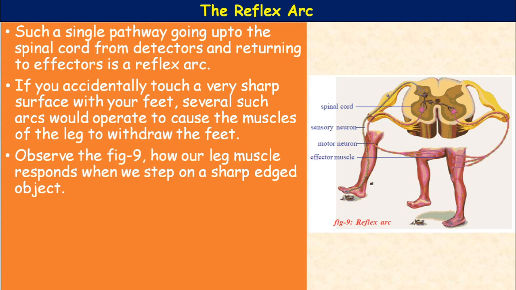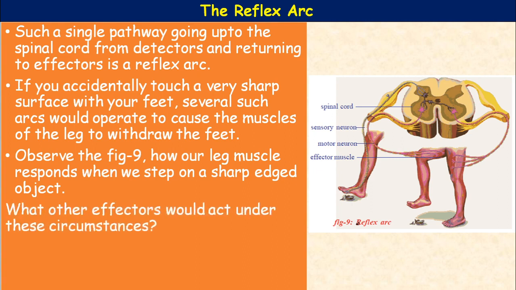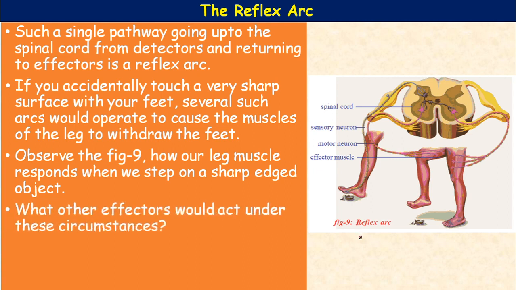Observe in this figure how our leg muscle responds when we step on a sharp-edged object. It may be a nail or it may be a stone. Immediately we withdraw our foot. So what other effectors would act under these circumstances?